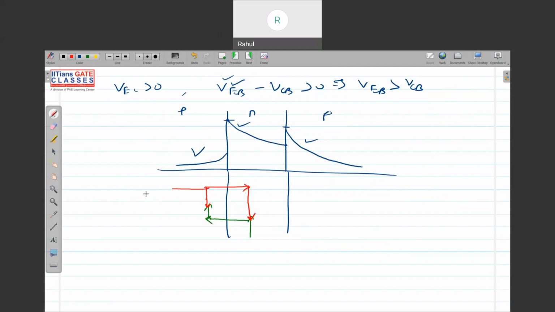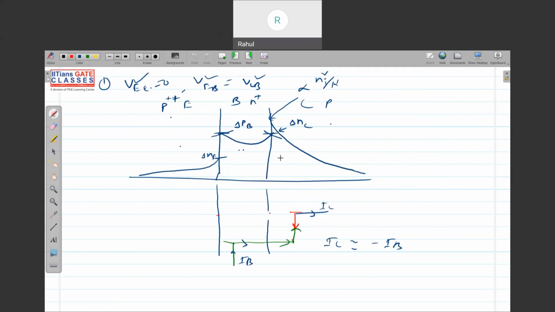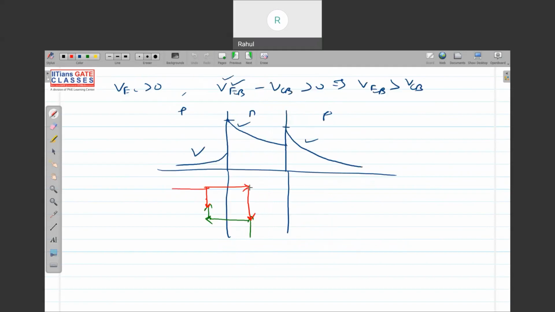And since there is a concentration gradient now, whereas earlier the concentration gradient was almost 0, holes will be injected into the collector region, right? Also, the electrons are injected from base to emitter because it is forward biased, right? So the electrons will be injected from base to emitter like this. So electrons and holes will recombine now.